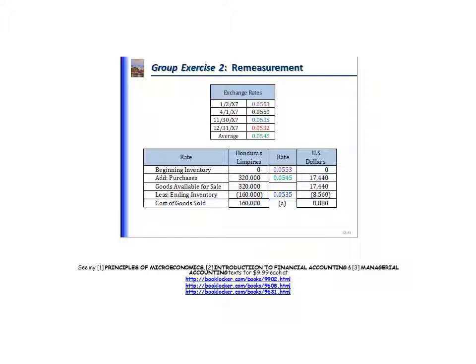They arrive at a measure, goods available for sale. And the ending inventory is as of November 30th, as previously given. And so we end up with a blended rate for our cost of goods sold. And that's why they have footnote A here.